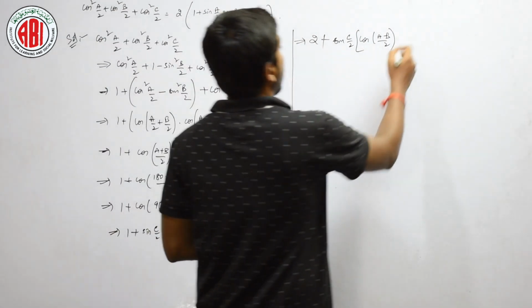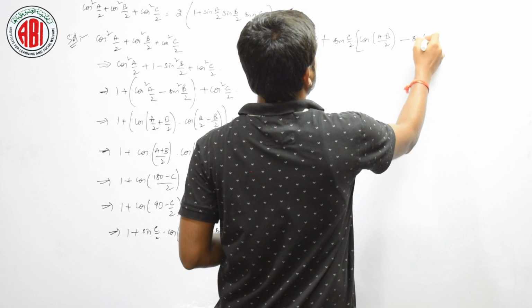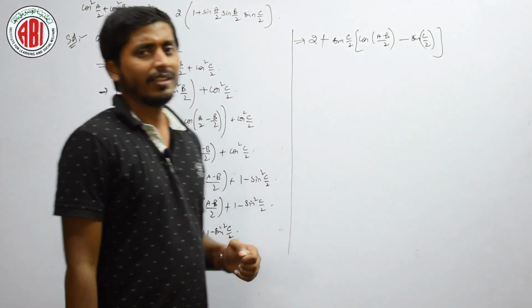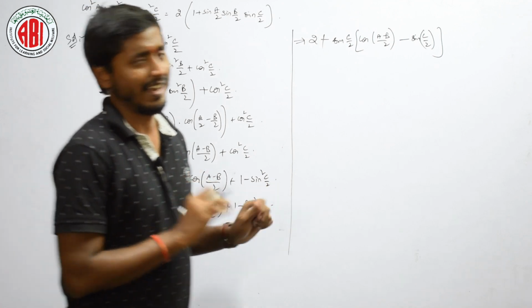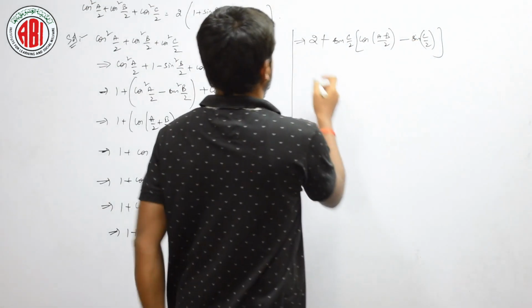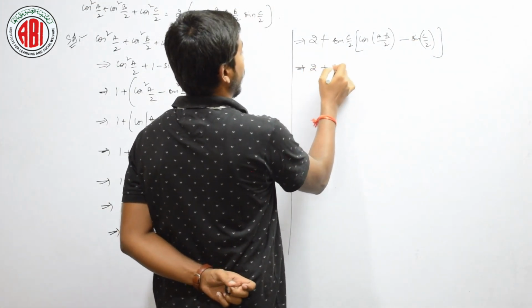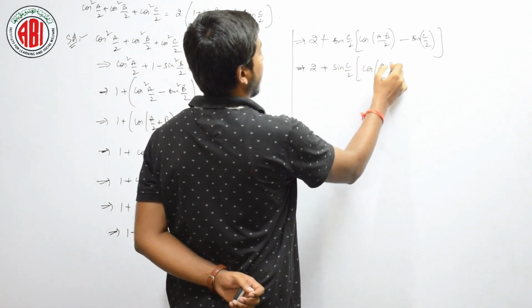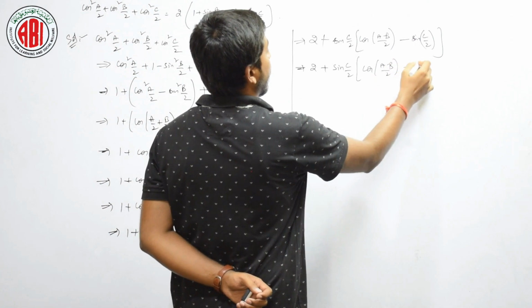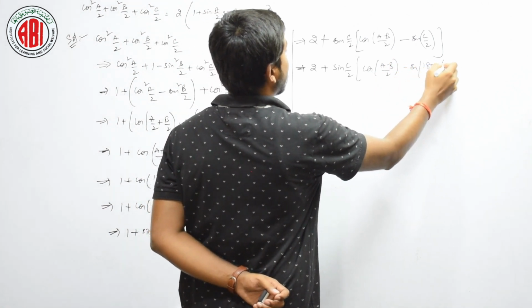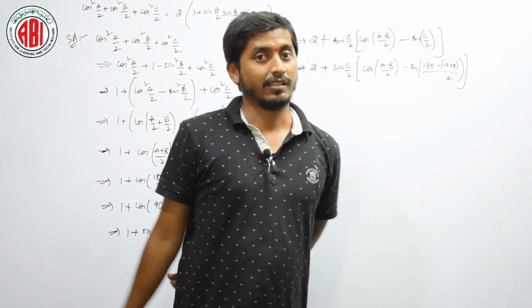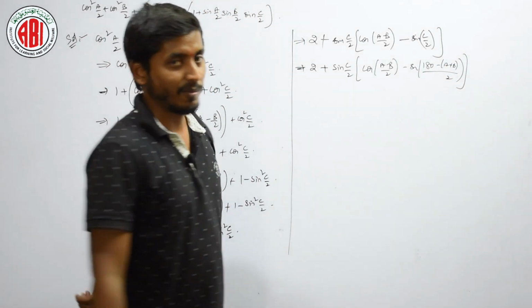The left is normal sin c by 2. Is it okay? The same step which we did in the last problem, that is we will change the c as, what we will do? We will change the c as 180 minus a plus b, isn't it? Did we do the same thing in the last problem also?